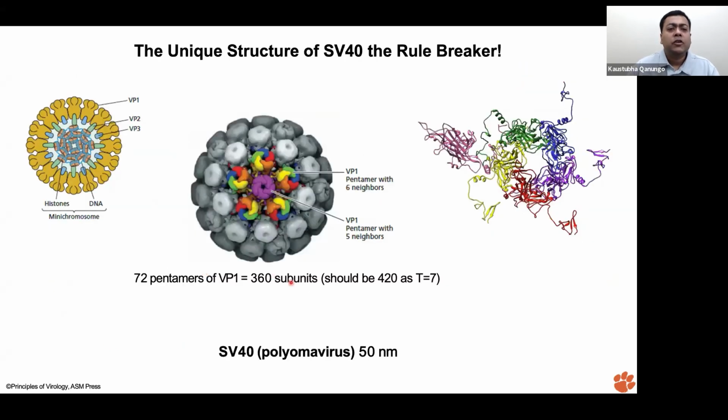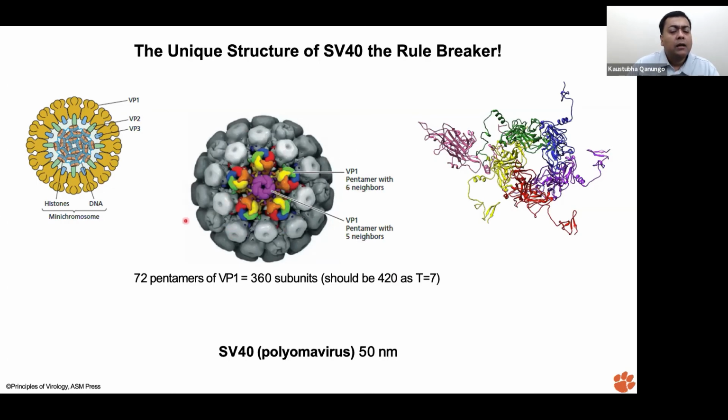Now, this is also another very unique structure, SV40. Here, it is T equal to 7. But according to T equal to 7, we should have 420 subunits. But there are not 420 subunits in the SV40 structure. SV40 is a polyomavirus that can cause cancer in some animals.